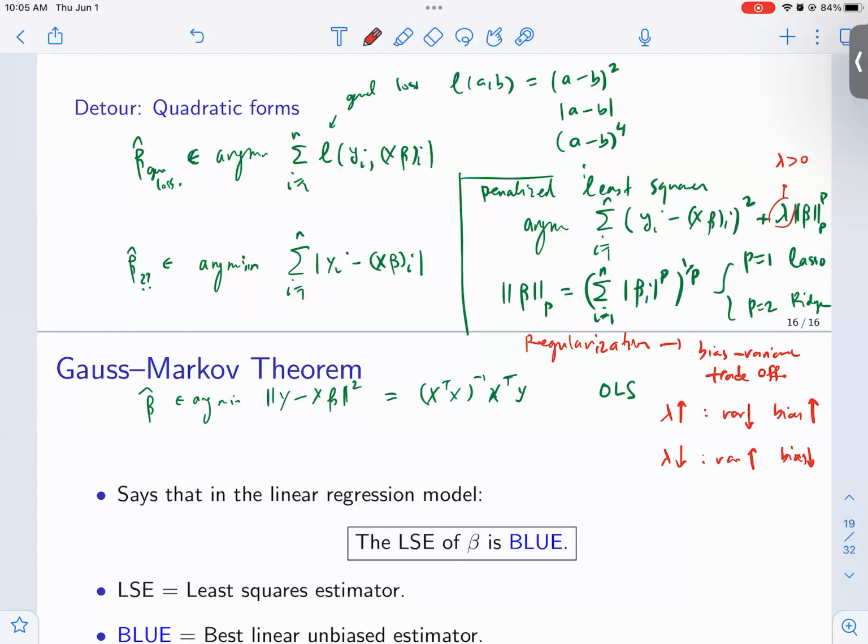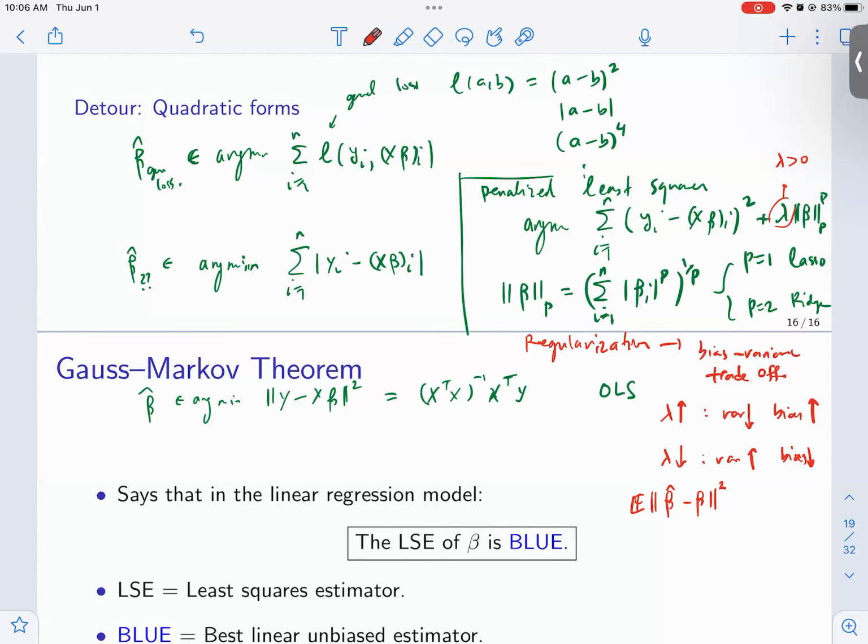If you care about something called the MSE, mean squared error, it turns out the mean squared error is just the sum of the variance and bias squared. So you can try to minimize the MSE. So there's some optimal value for lambda that minimizes the MSE, which would be something like this: beta hat minus beta squared. Rather than trying to minimize the variance alone or the bias alone, the norm of beta hat minus the true beta squared.